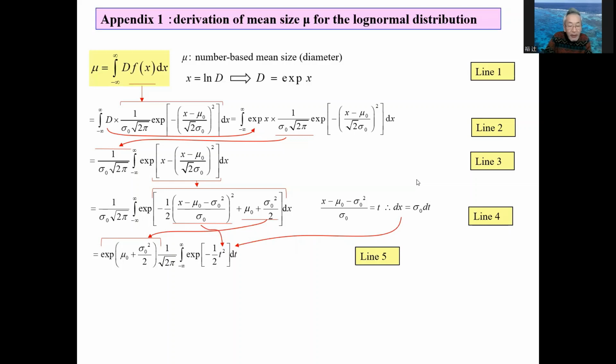The constant part in the integrand on the first line is outside the integration. The part with red underline on the fifth line is the integration of the error function from minus infinity to plus infinity. The value of that definite integration is 1.